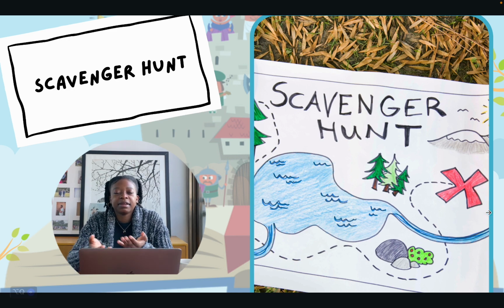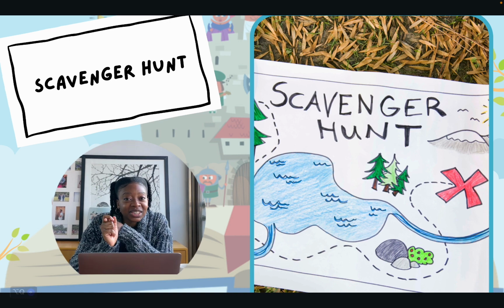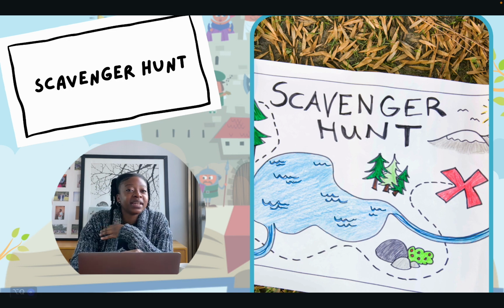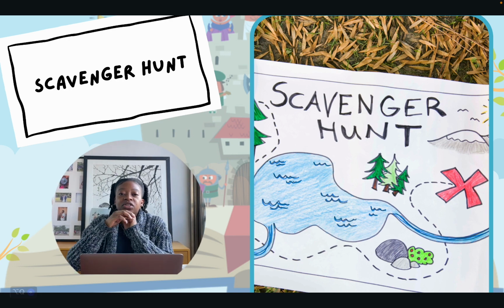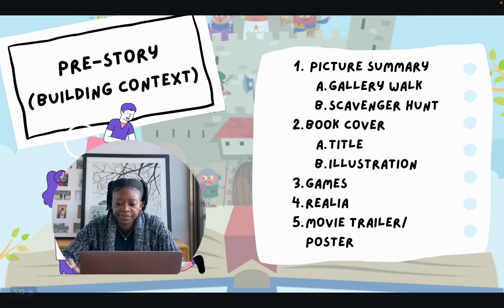So in this case, maybe some things that I can do would be to go find the washing machine picture, go take a picture with the bunny. I don't know, you can do all sorts of things with a scavenger hunt. It's just a list of items that students need to find or complete.